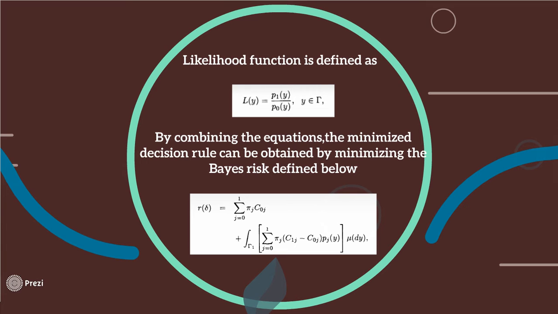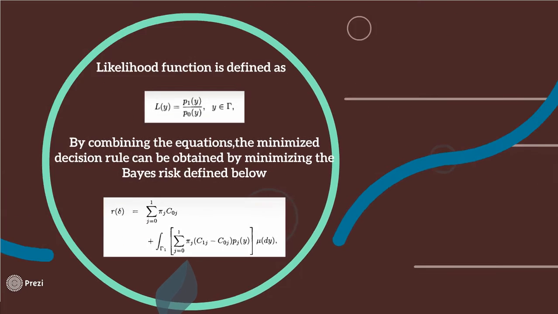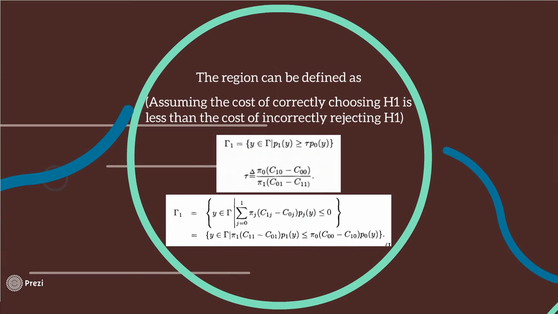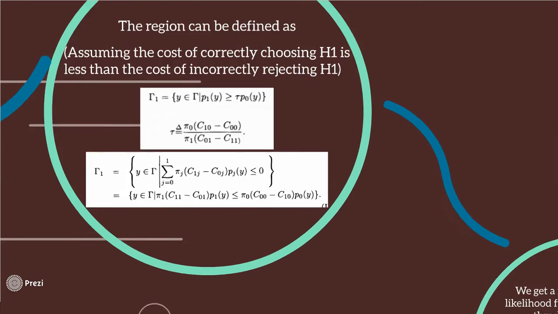Thus, combining the equations, the minimized decision rule can be obtained by minimizing the Bayes risk as defined. The region gamma 1 is defined as gamma 1 equals Y, belonging to gamma, such that P1 of Y is greater than tau into P0 of Y. We can define the value tau as tau equals pi 0 into C10 minus C00 divided by pi 1 into C01 minus C11.